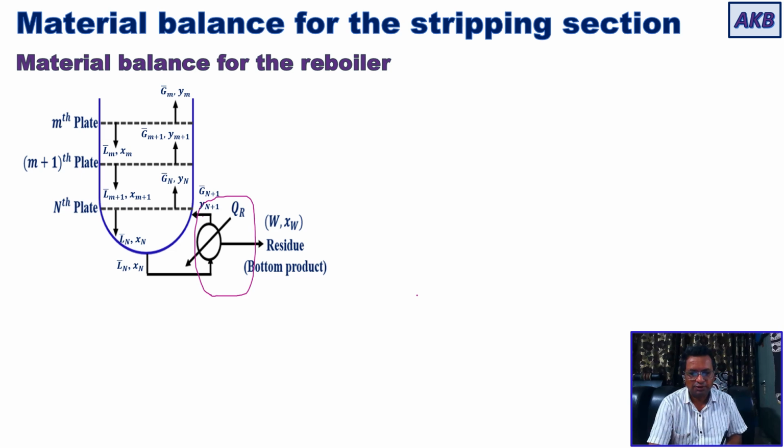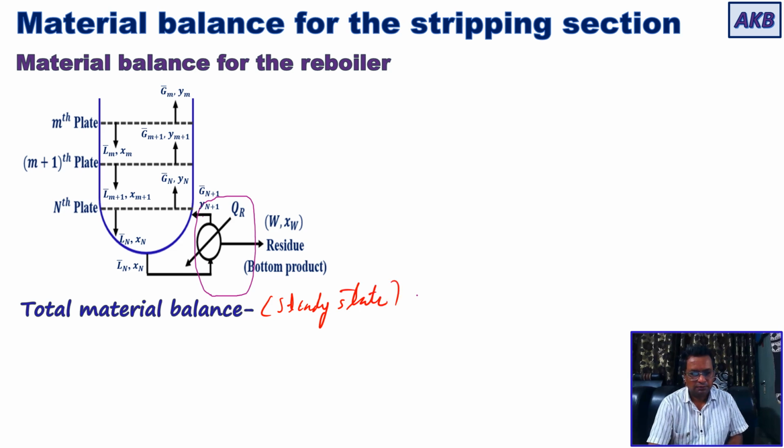Again, I have shown the reboiler. Now let us take total material balance. Again, we are discussing it at steady state. Input is equal to output. So as I said, input is G bar n plus 1.